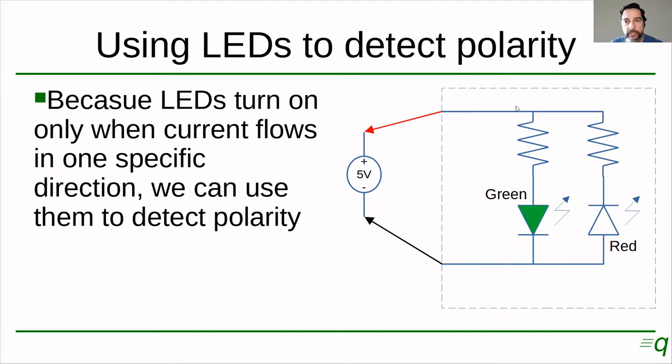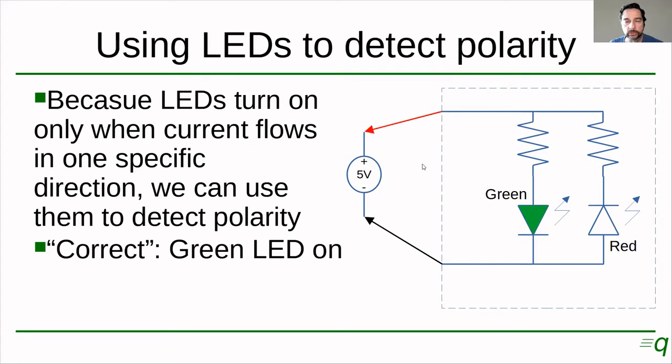Now the red LED has its polarity reversed, so positive is going here to the cathode, and negative is connected to the anode, so no current is going to flow here. So we're going to be calling this the correct polarity because we're connecting the red to the positive and the black to the negative, and that will result in a green LED turning on.